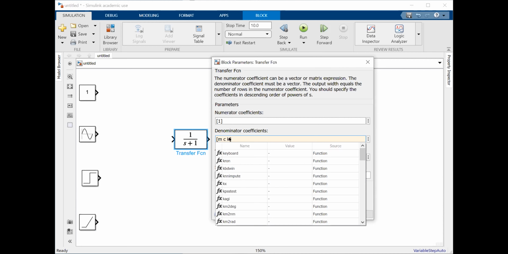Now, what I want you to do is, so this is the scope. This is the output. Now, I am going to join this to the transfer function.